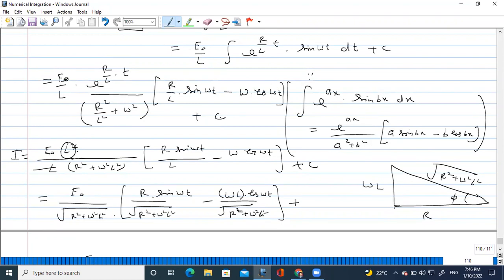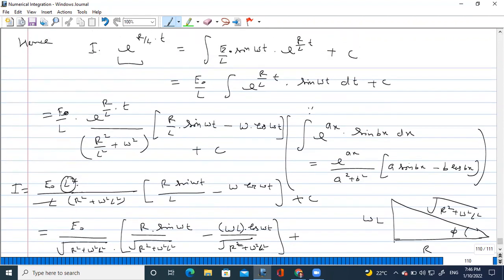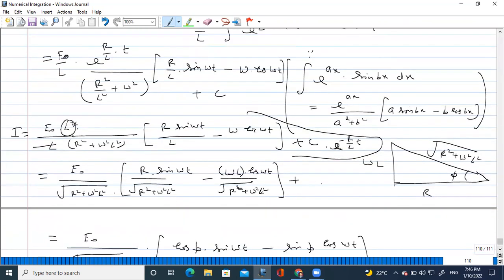But when you are dividing the whole equation by e to the power R by L into t, at that time it will become C into e to the power minus R by L into t. This will be the constant term, C into e to the power minus R by L with t.